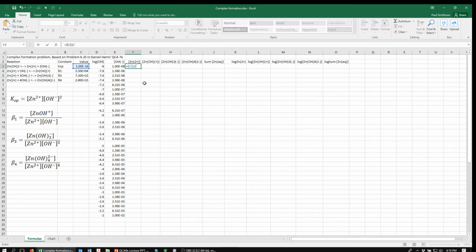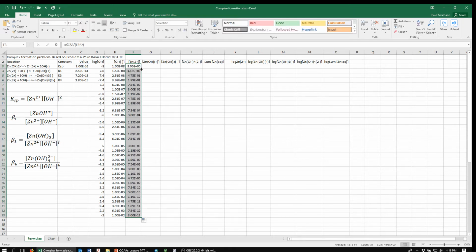So rearranging our KSP, we're going to have KSP divided by the square of the hydroxyl concentration. So we can copy that down. And so now we'll work with beta 1.